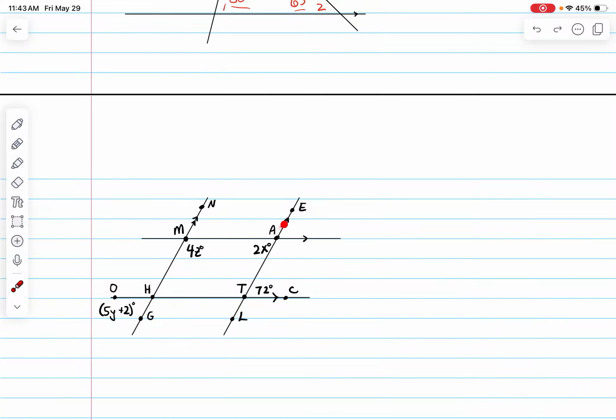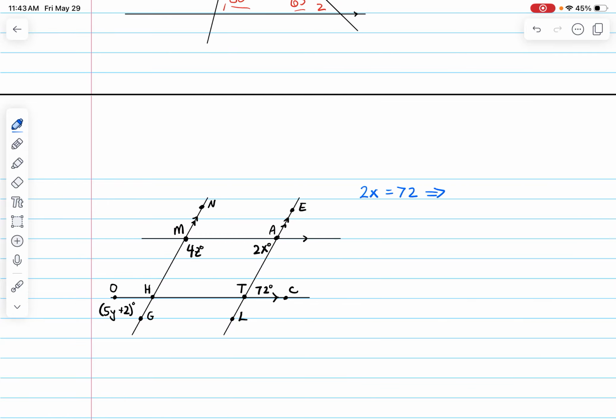Now, just looking over here, we've got parallel lines cut by a transversal, and these are alternate interior angles. Well, alternate interior angles are congruent. So that means that 2x is equal to 72.